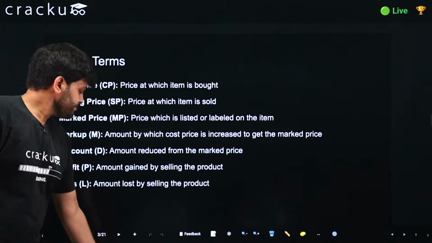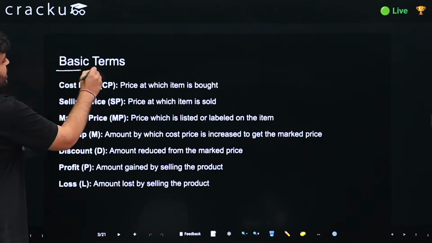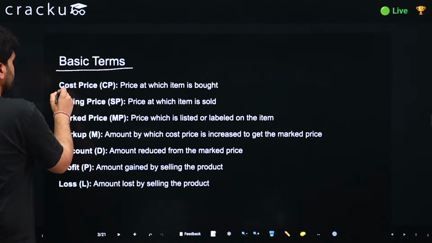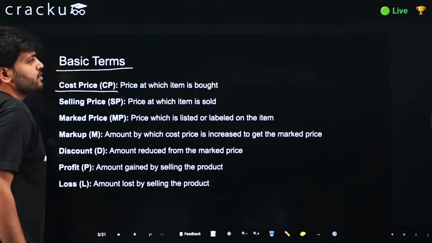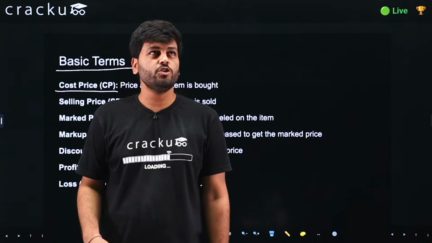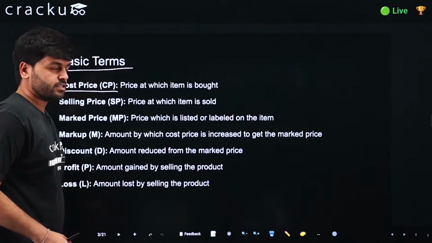Before starting, let us see some basic terms regarding profit and loss. First would be cost price. For example, you want to eat mango and you go to a grocery shopkeeper to get mangoes.